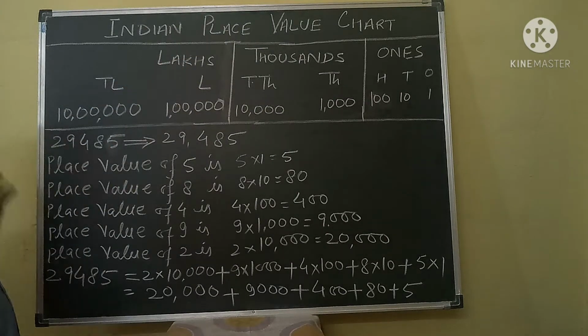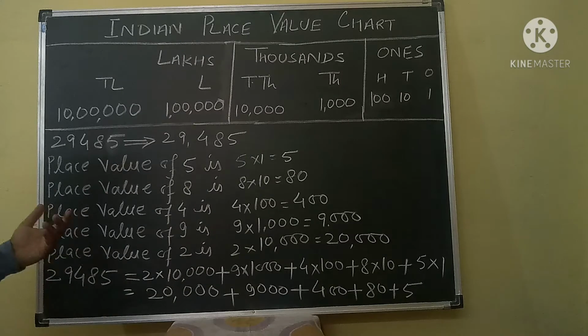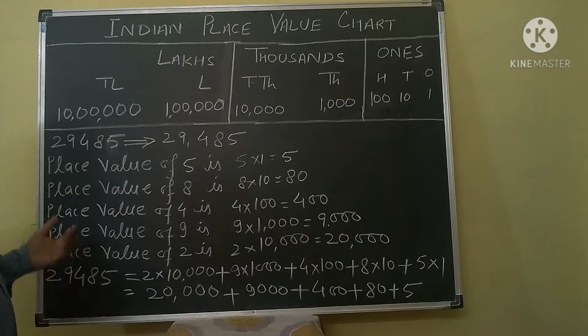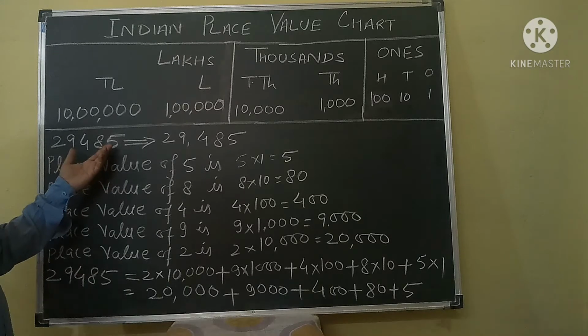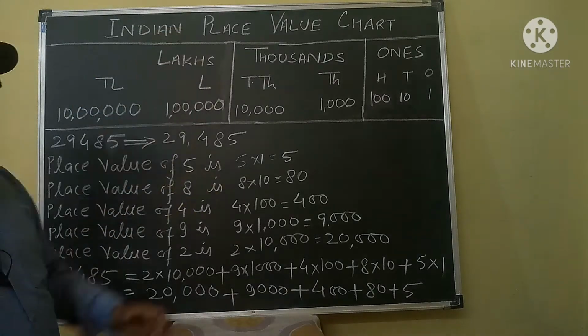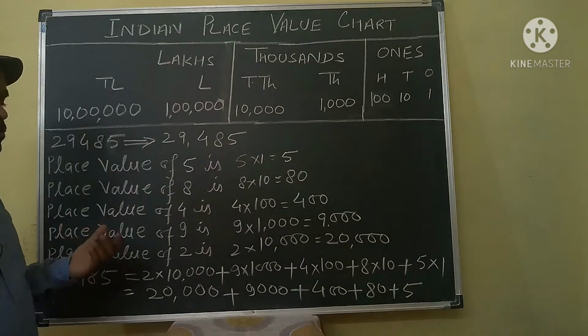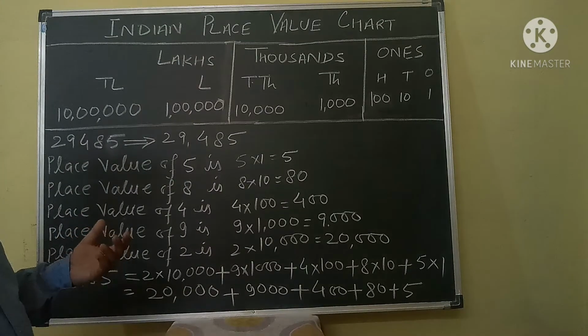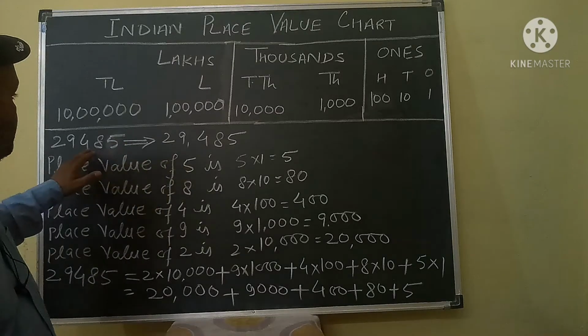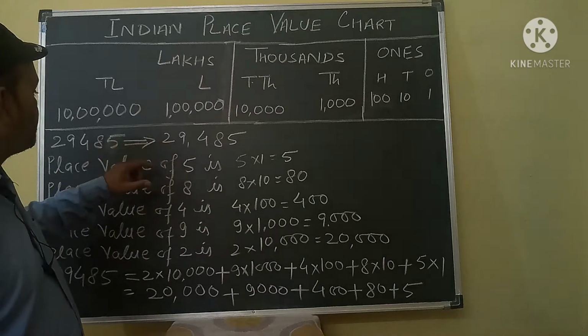Okay, and so on. So suppose you have one number, 29485. How can you write this number according to the Indian place value system? First, what will you do? As we have already discussed, first we will put the commas according to the Indian place value system.